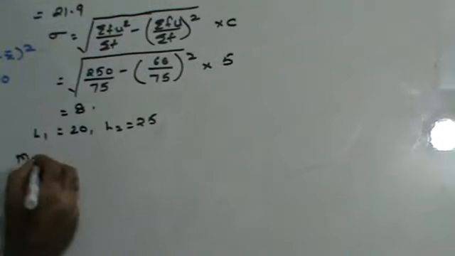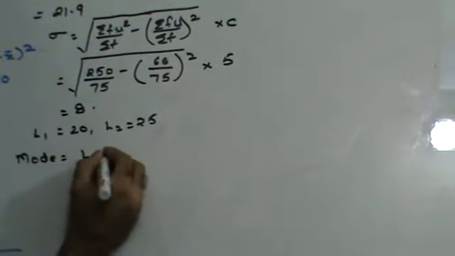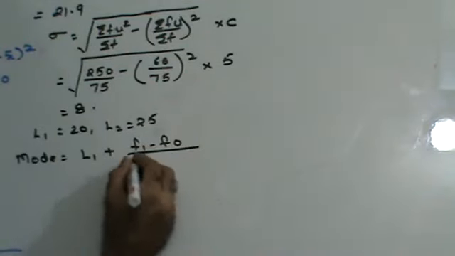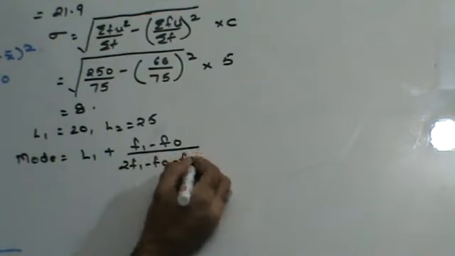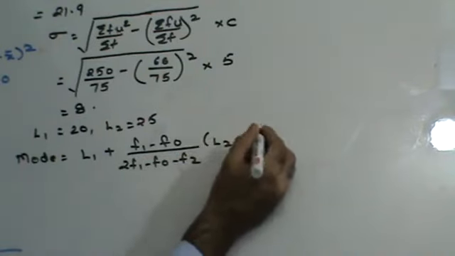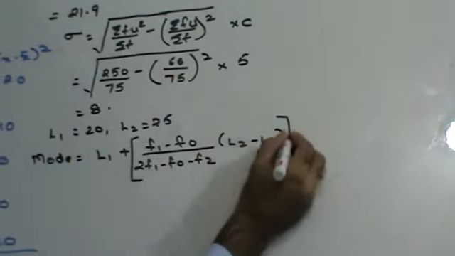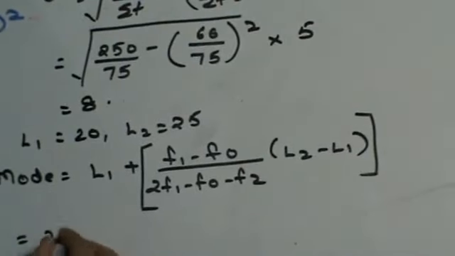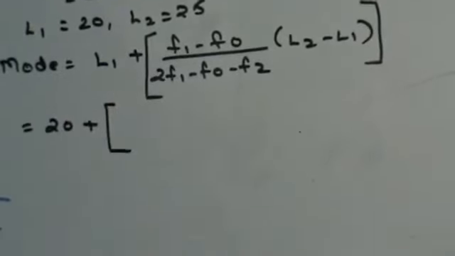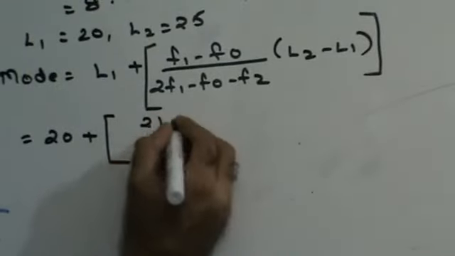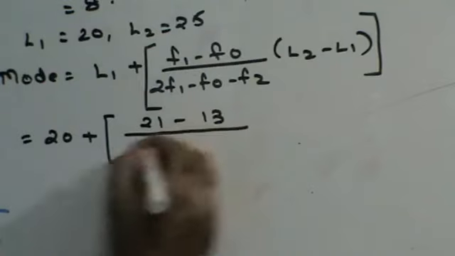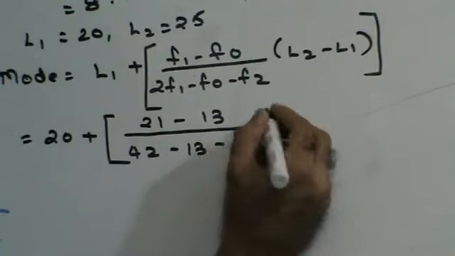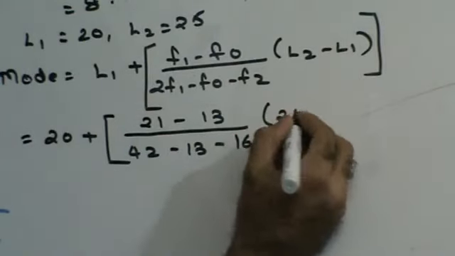Mode is given by the formula L1 plus f1 minus f0 upon 2f1 minus f0 minus f2, into L2 minus L1. Right? So if I substitute, this is going to be 20 plus f1 minus f0, 21 minus 13, upon twice f1 minus f0 minus f2, into L2 minus L1, 25 minus 20.